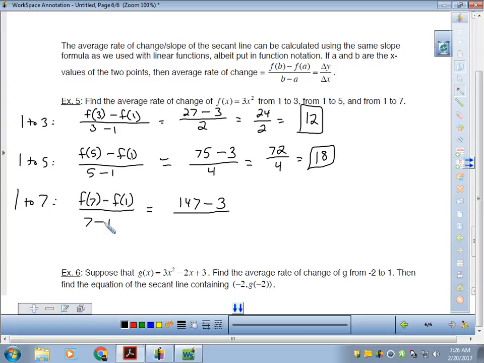And on the bottom, 7 minus 1 is 6. On top here, 147 minus 3 gives us 144 over 6. And then if we take 144 and divide it by 6, we get 24. And so that's the function's average rate of change, or average slope, between 1 and 7.